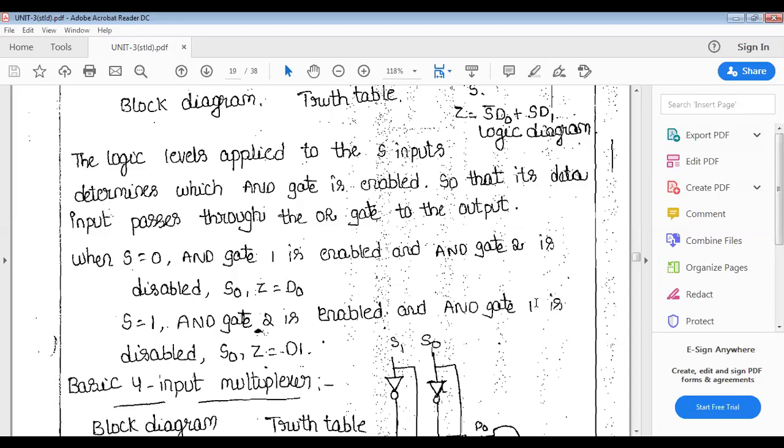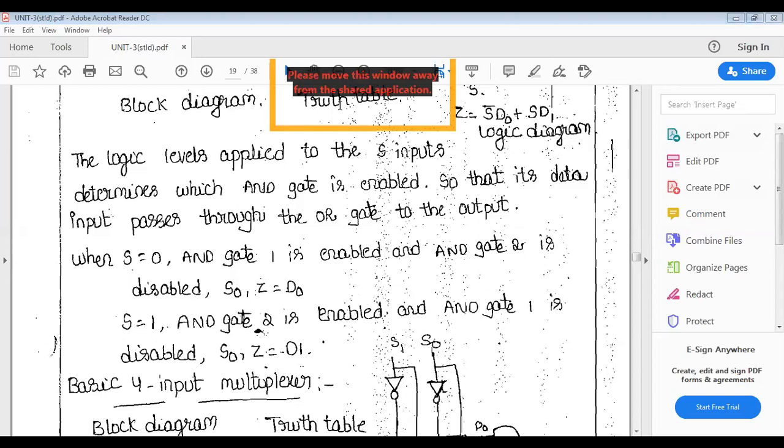If one input of an AND gate is 0, the output is also 0. Then the output Z is equal to D1, whatever data is in D1 will appear at the output.